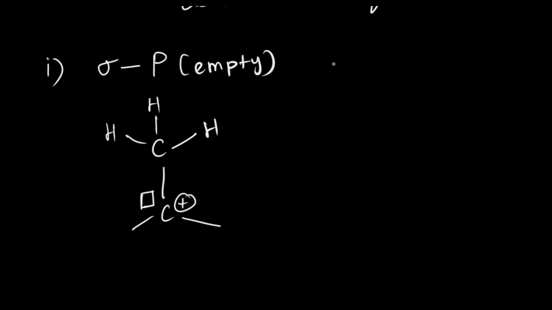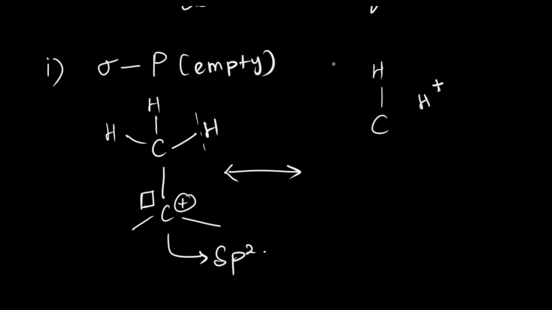That empty orbital is on an sp2 hybridized carbon, and the electron shift happens to this sp2 carbon. So the bond breaking happens over here. H plus is going, and due to that it will become electron rich. Those electrons are given to this empty orbital so that the double bond will be formed.